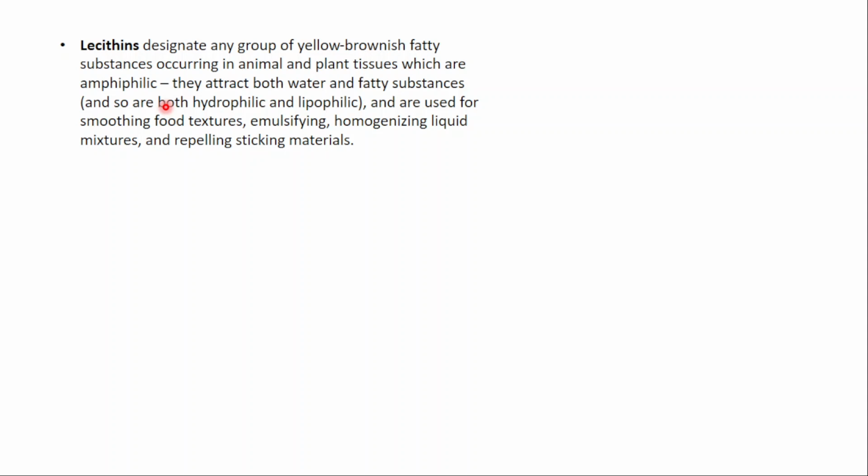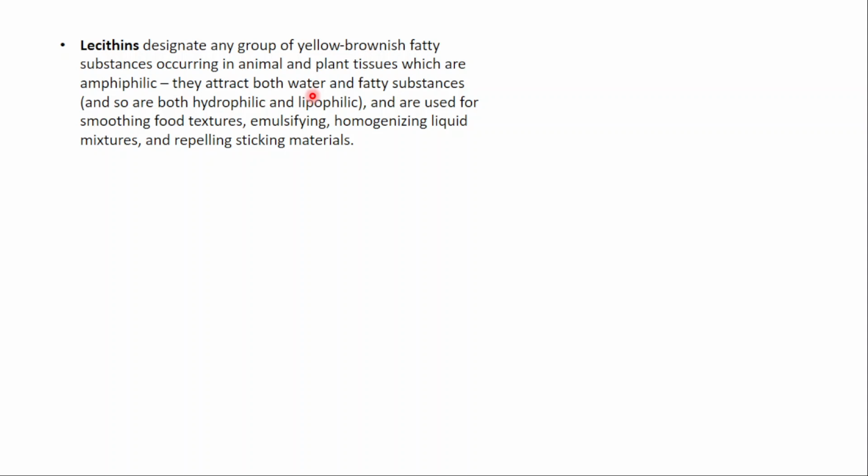An amphiphilic molecule can have both hydrophobic and hydrophilic phases. They attract both water and fatty substances. We all know water and fatty oil do not mix. Water and oil form layers over each other because oil or fatty substances are hydrophobic and water is hydrophilic.